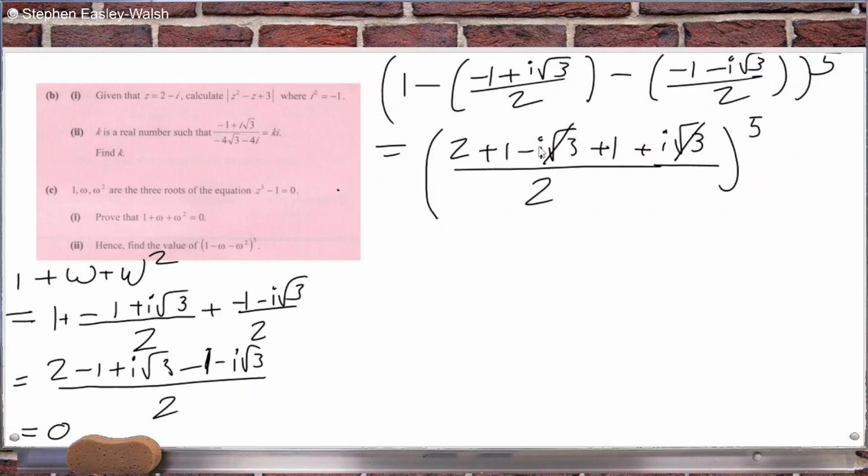They cancel. So it looks like you're just left with 2 plus 2, which is 4. 4 over 2, which is 2 power 5. 2, 4, 8, 16, 32. So it looks like the answer here is 32.